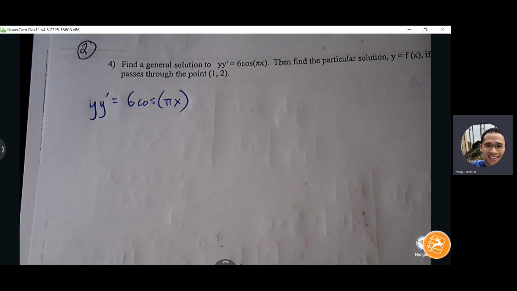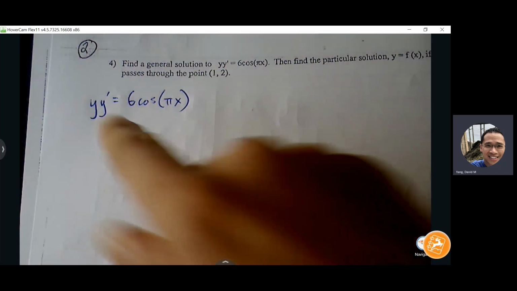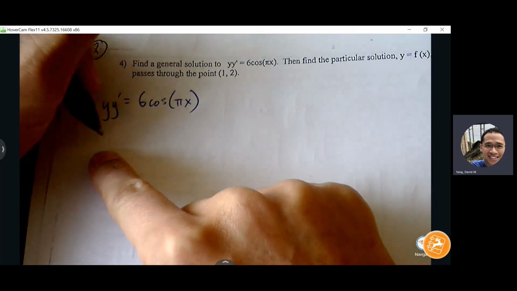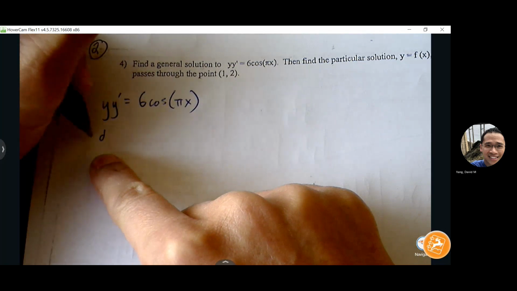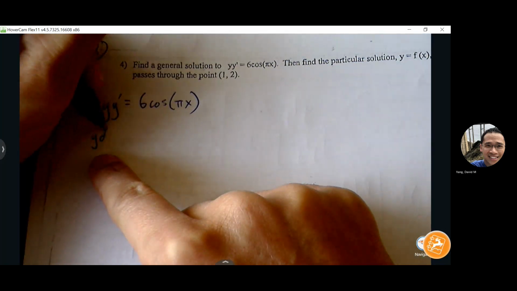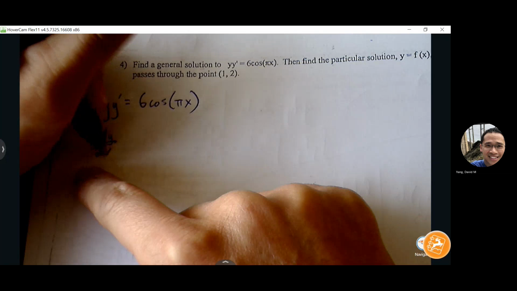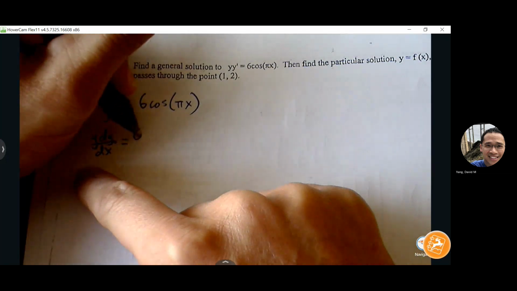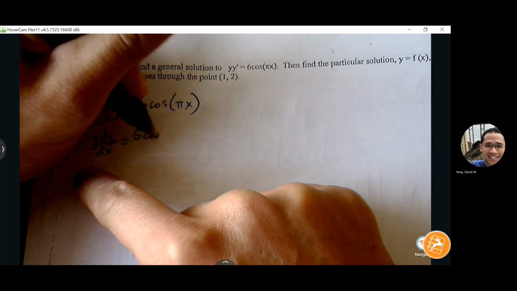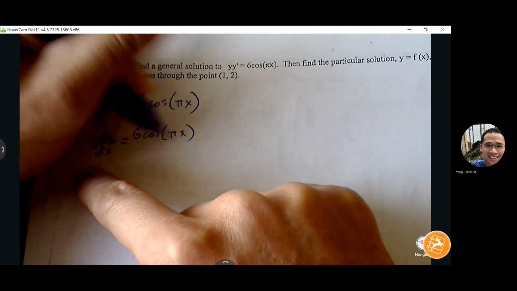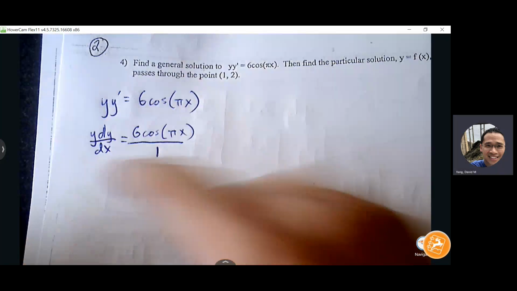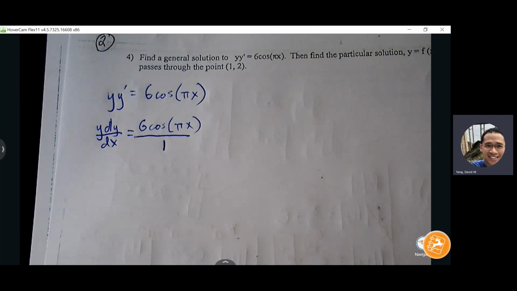Okay, so first thing I like to do is just get that y prime to be more descriptive. I want to see the dy dx. Put a 1 beneath so I can get that fraction going.